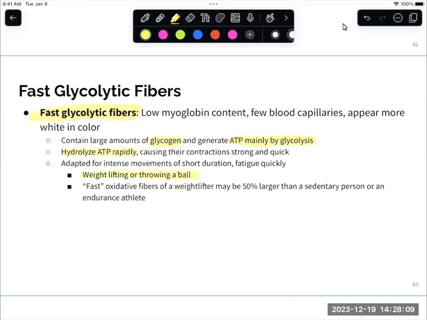Weightlifters tend to have larger or more fast glycolytic fibers than an endurance athlete. People who are really good at endurance activities have a lot of slow oxidative. People who are really good at activities like weightlifting have a lot of fast glycolytic fibers.